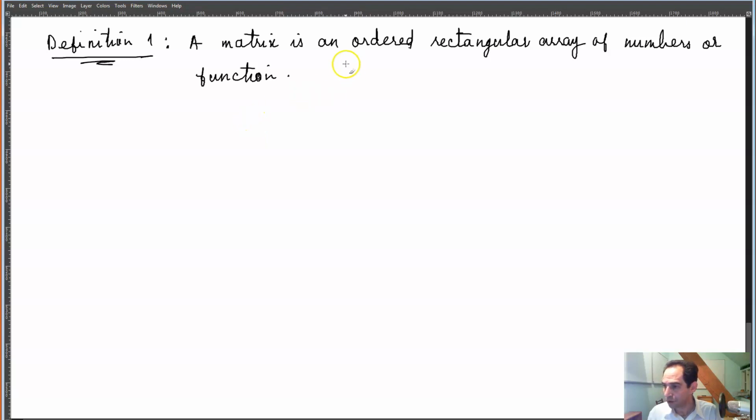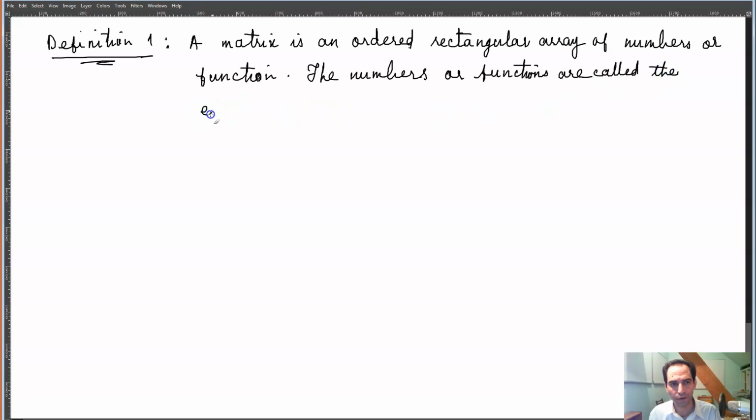Now, the numbers or functions are called the elements or the entries of a matrix. Right?